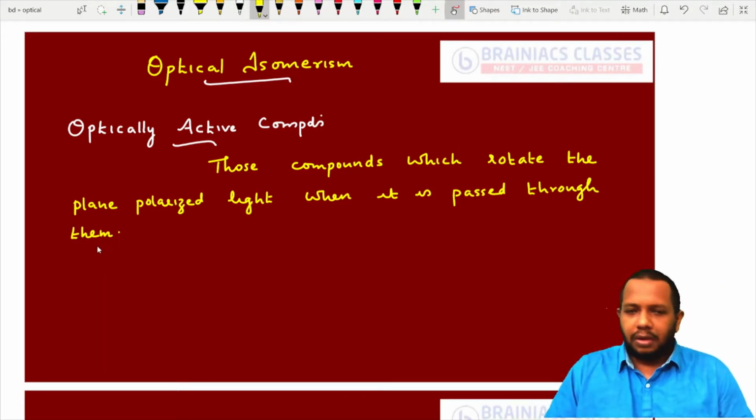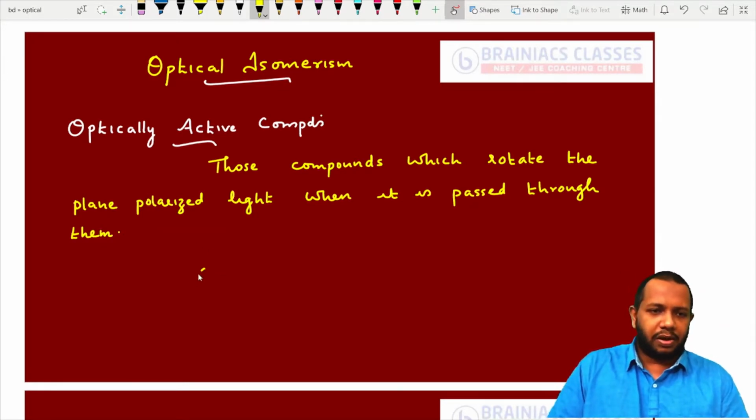Let's say, for example, we have a monochromatic source of light like this. This is not plane polarized light; it is aligning in different directions. Now we will convert this into plane polarized light by passing it through a Nicol prism. Consider this as my Nicol prism.